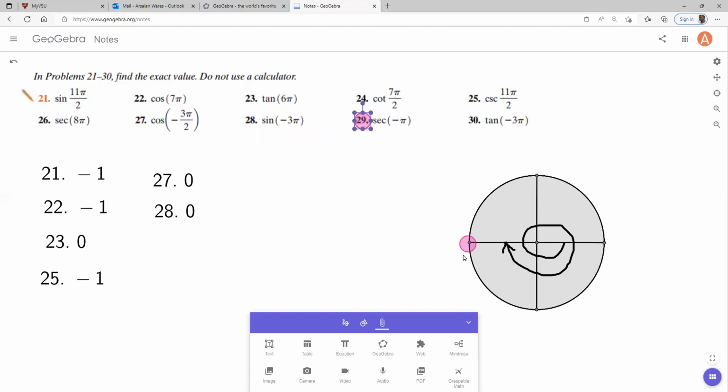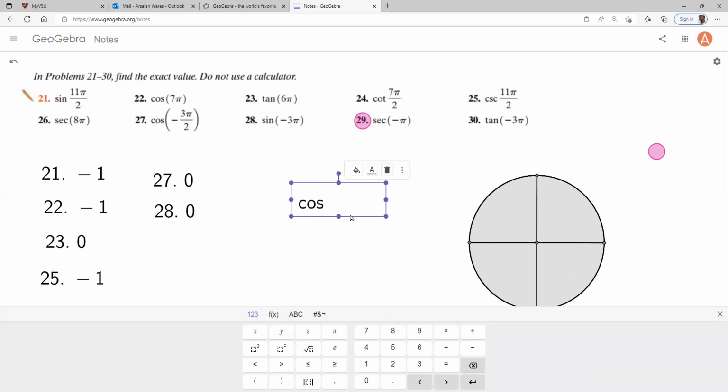Let's work on 29. Okay, secant of negative pi. I need to first find cosine of negative pi. Remember that, guys? Secant and cosine are reciprocals of each other. So cosine of negative pi. Again, don't worry about secant yet. Find cosine of negative pi.